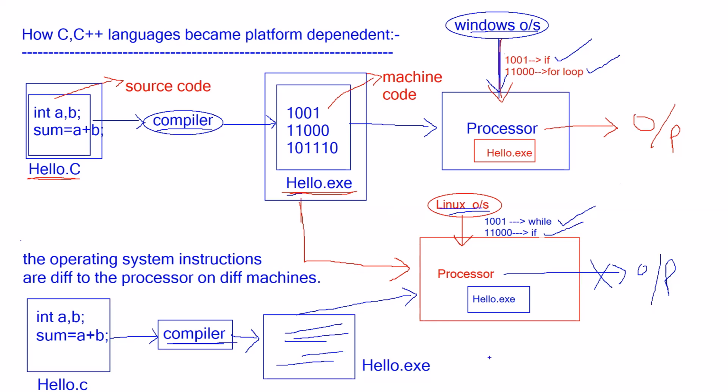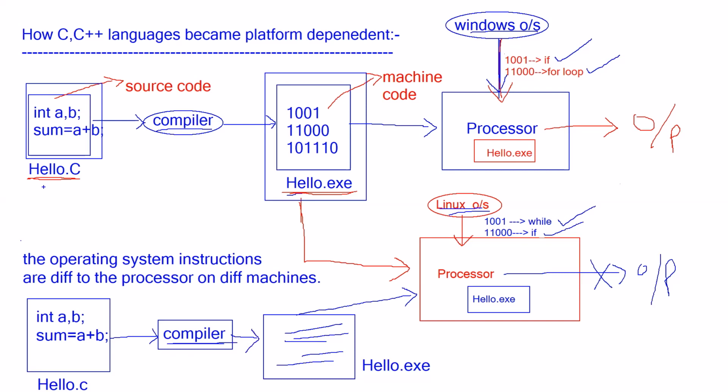So we'll be using different types of compilers, OS dependent compilers. That's why C language became a platform dependent programming language.